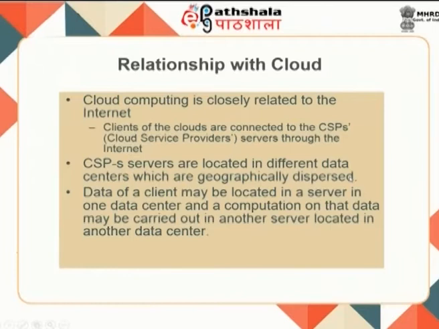They do this to avoid natural disasters, to ensure availability, and to give 100% security to the client's data. So, these data centers also need to communicate with each other, so that they exchange data and information among the data centers.